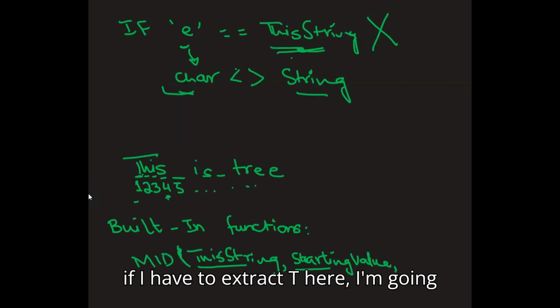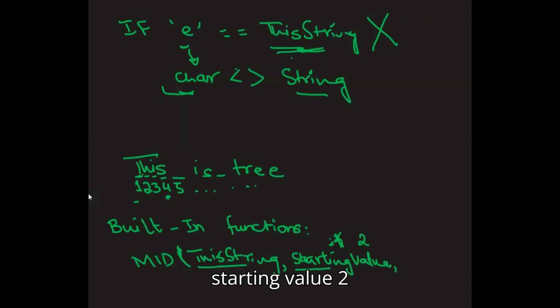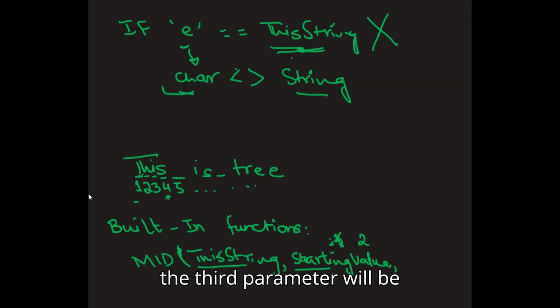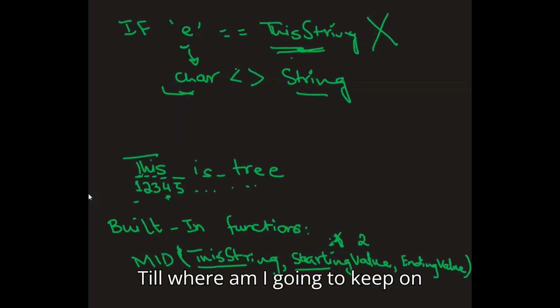For example, if I have to extract T here, I'm going to add the starting value 1. If I have to extract H, then I'm going to use the starting value 2. And the next, and so on, okay? And the third parameter will be the ending value. Till where am I going to keep on extracting?